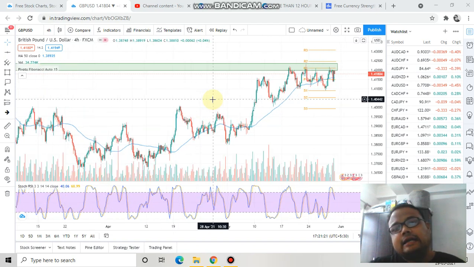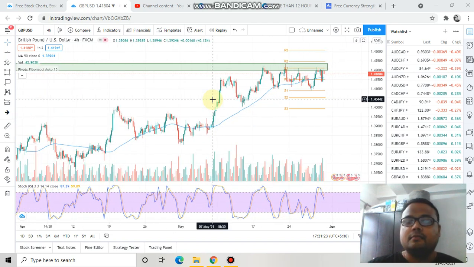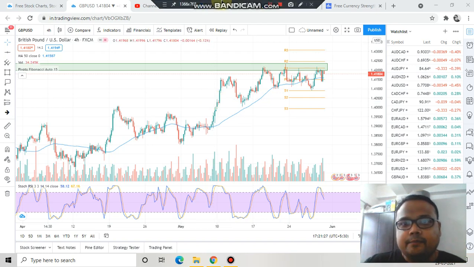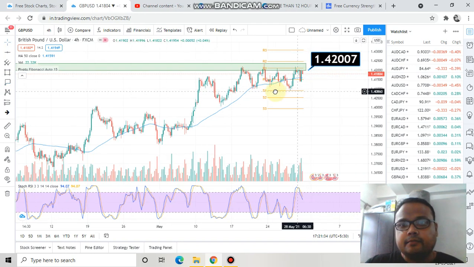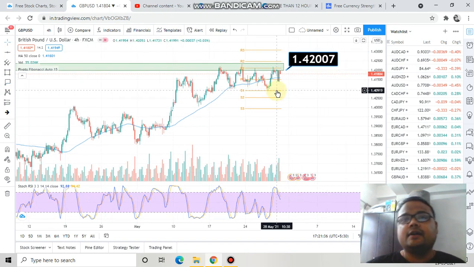And right now the market is still facing the same resistance from that price level, this level. So the market is having severe, crucial resistance at this particular level.